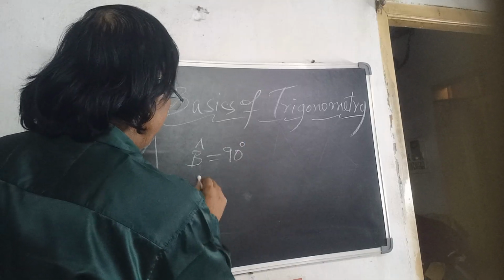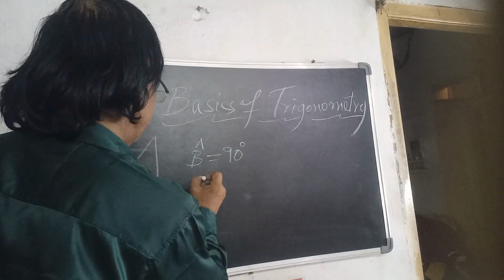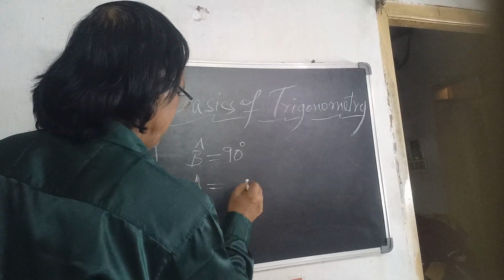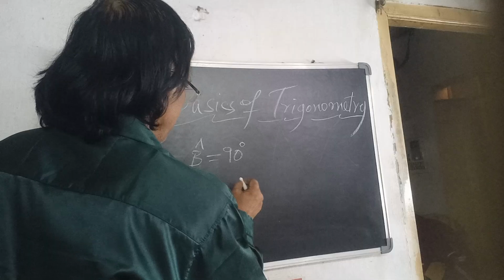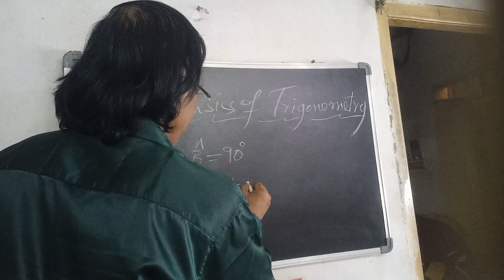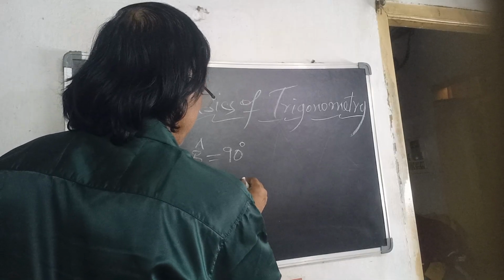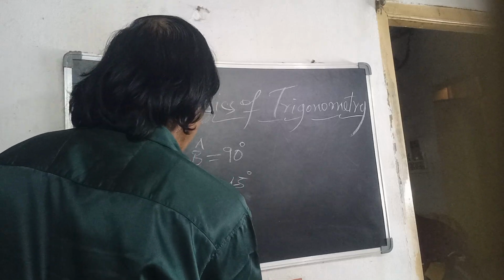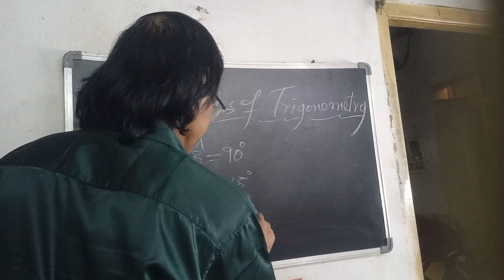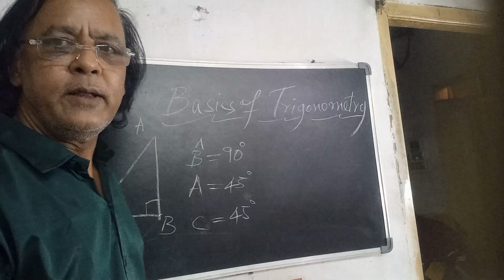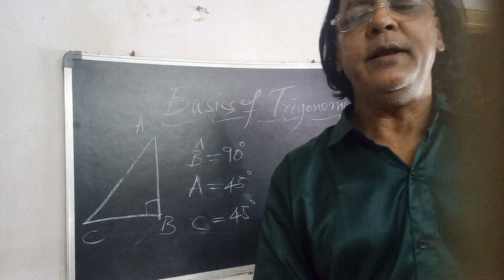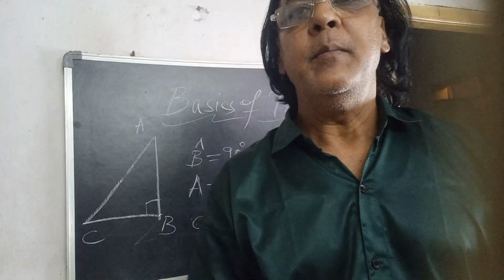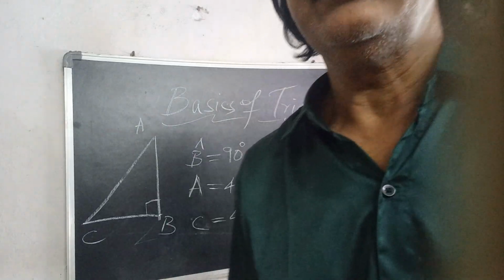Angle A is equal to, suppose, 45 degrees, and angle C is equal to again 45 degrees. Okay, these are the three angles in a triangle, and the sum of the three angles must be 180 degrees.